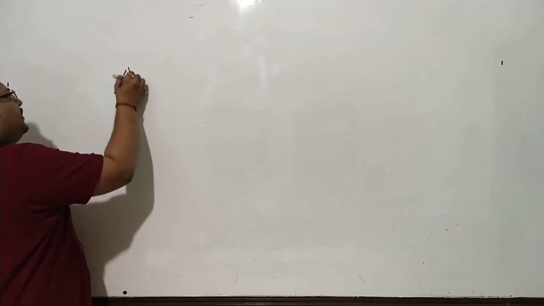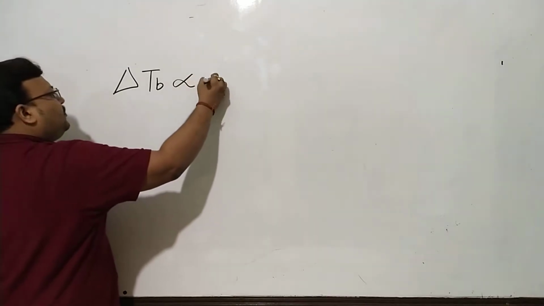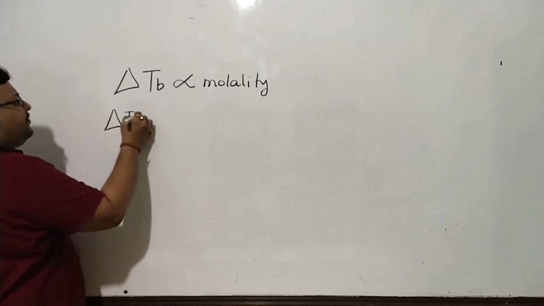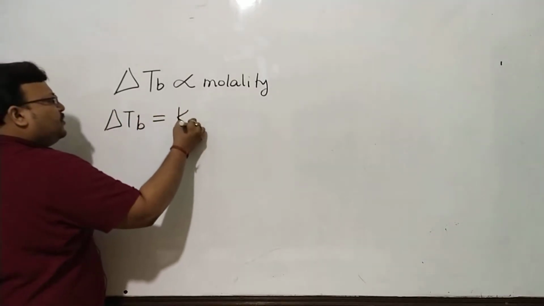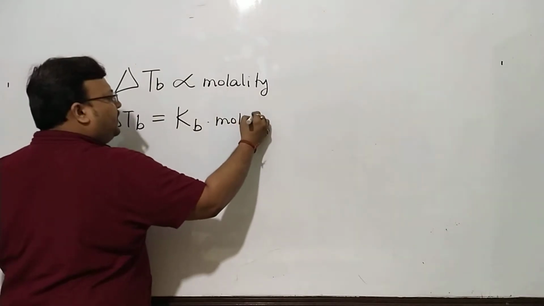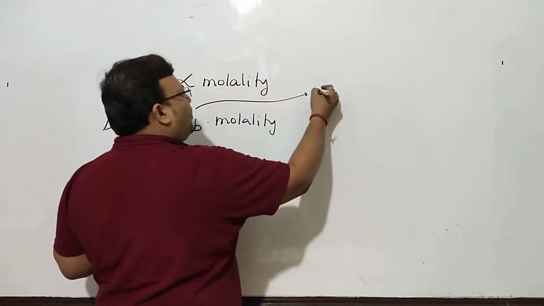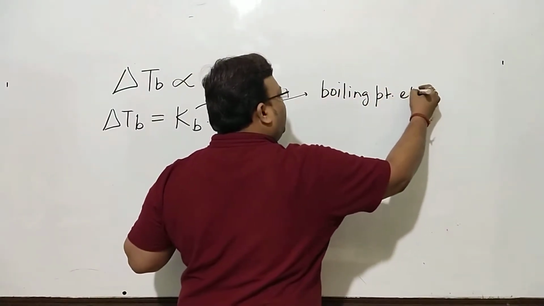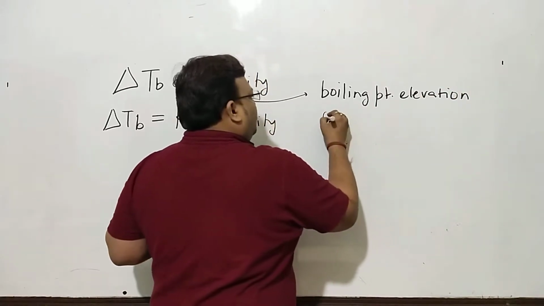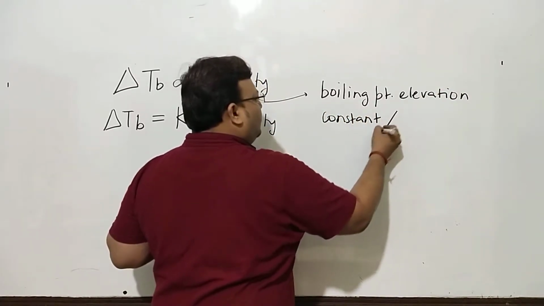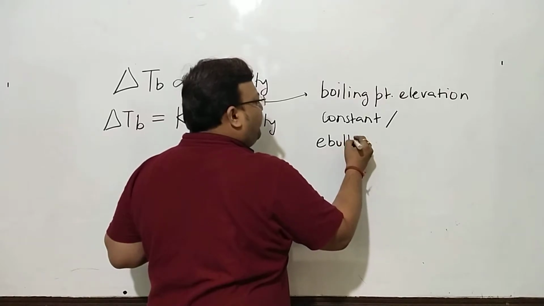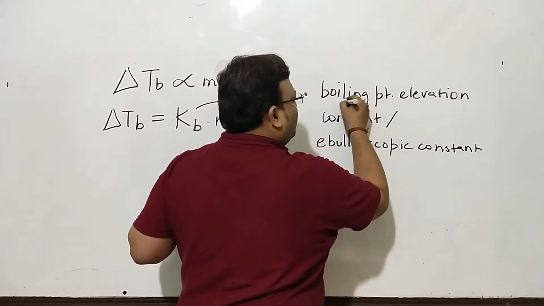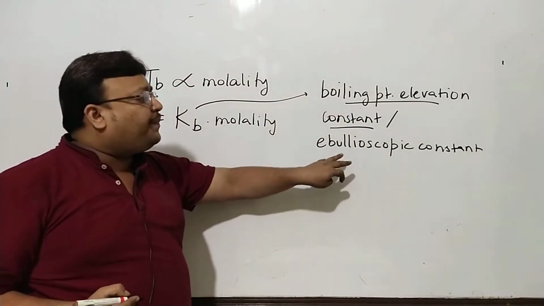So if I begin with the result delta TB proportional to molality, first of all we bring a proportionality constant, which is called KB. Now this KB is popularly called the boiling point elevation constant, or the ebullioscopic constant. That is the other name.